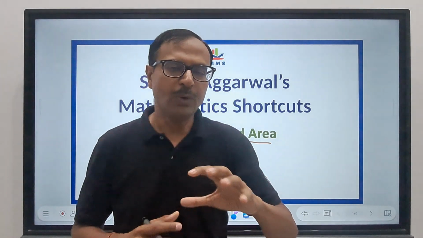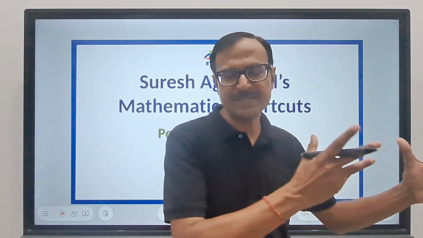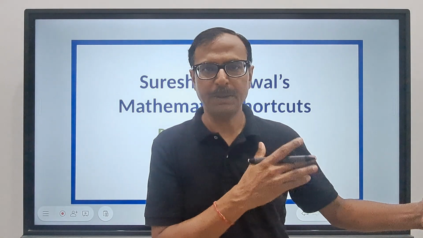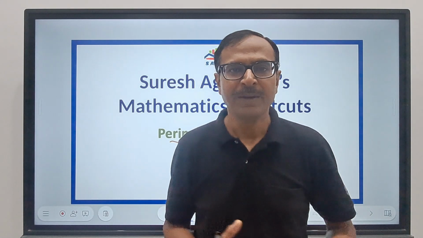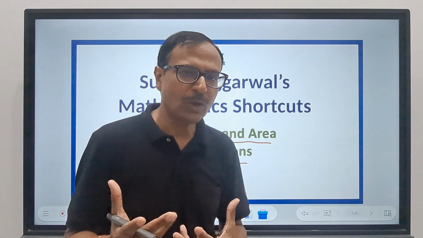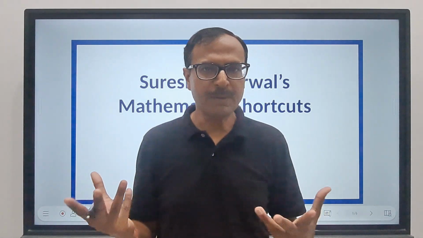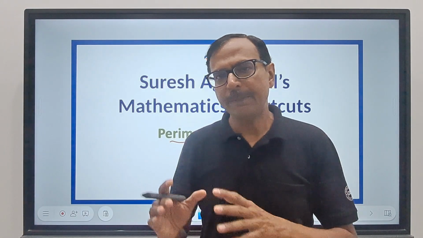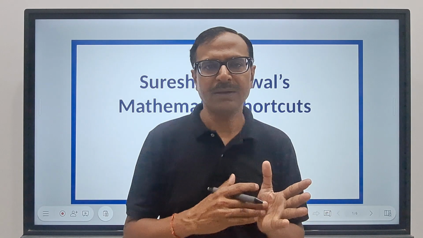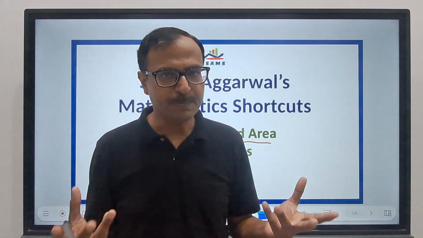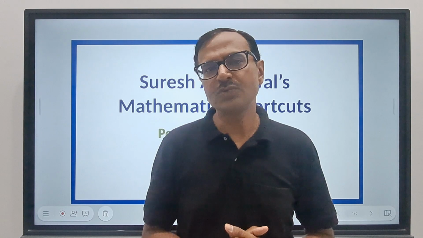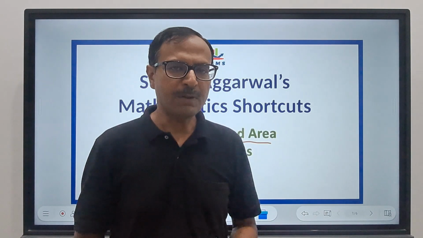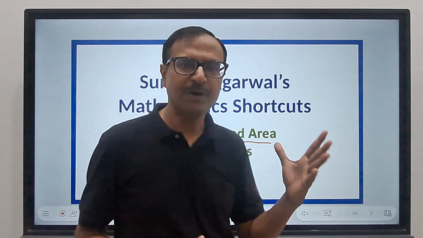Square, rectangle, all those figures you study at the basic level in class 6, maybe even junior classes like 5, and then you apply that knowledge to crack the problems based on polygons. And that's what we are going to do today. All the basic figures like square, rectangle, then triangle, then trapezium, rhombus, all those will be used to crack the problems based on perimeter and area of polygons.